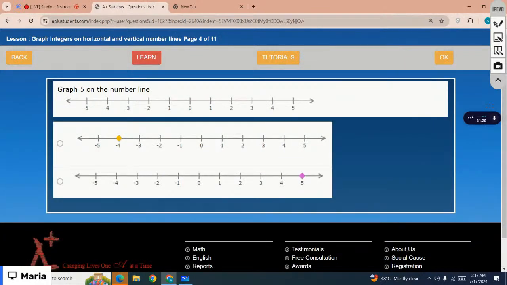Graph 5 on the number line, which is the correct option? 1 or 2? Yes, option number 2 is the correct option. Very good.